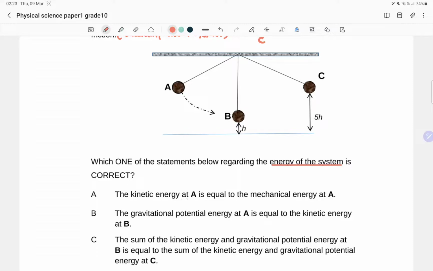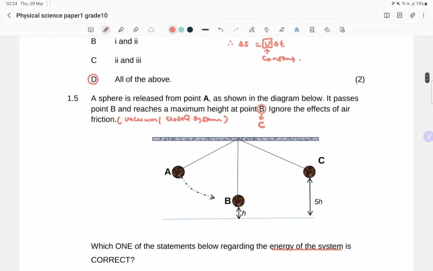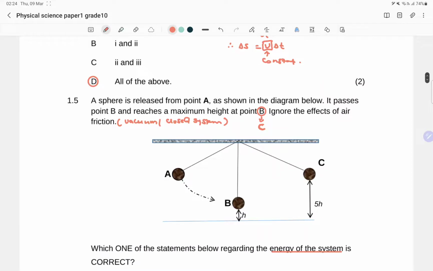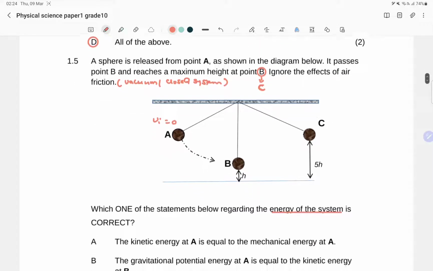So the kinetic energy at A is equal to the mechanical energy at A. Remember, point A is the beginning because the sphere is released. If it was released, it means the initial velocity is 0, or the speed is 0.